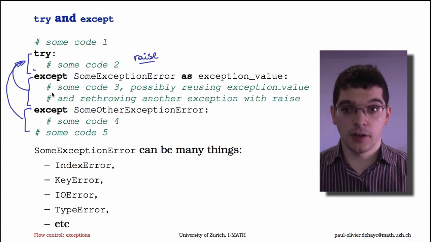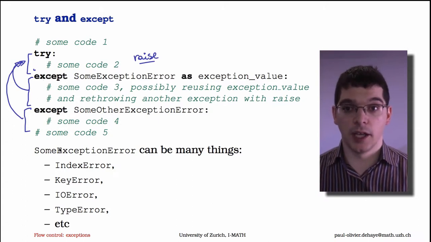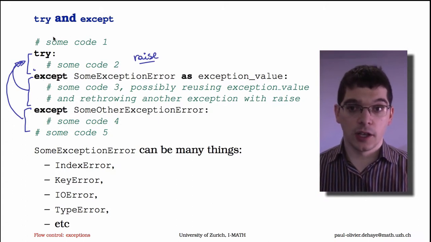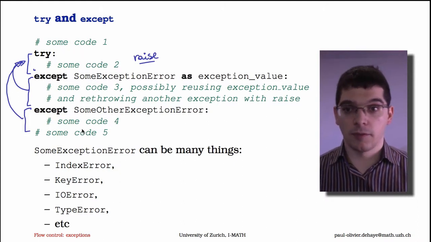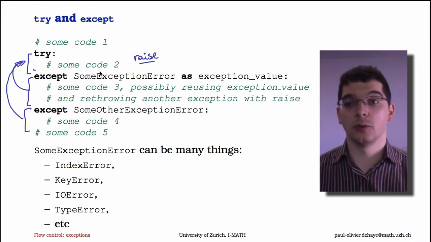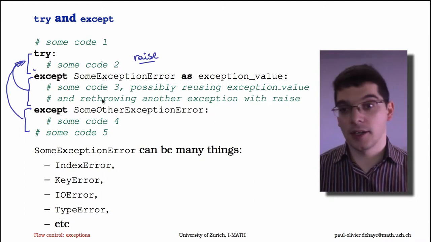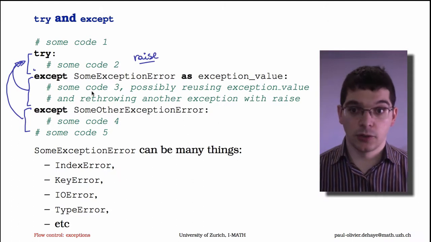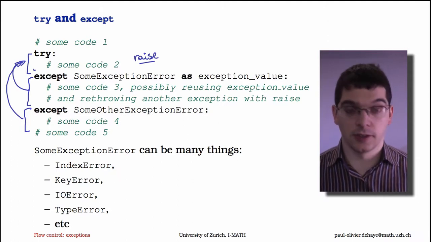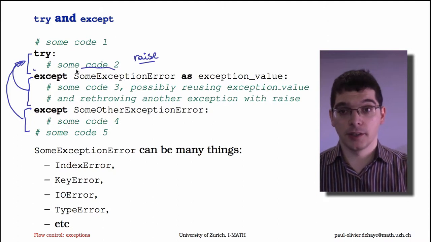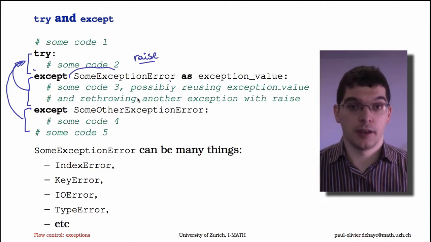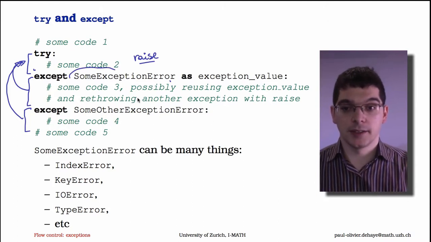So you can see how there is some flow control here that will be altered, because you enter here and you don't know whether you'll do 1, 2, 5, or 1, 2, or parts of 2, 3, 5, or 1, 2, or parts of 2, 3, and then go back, or whatever, or 1, 2, 4, 5, 1, 2, 4. There's lots of options.